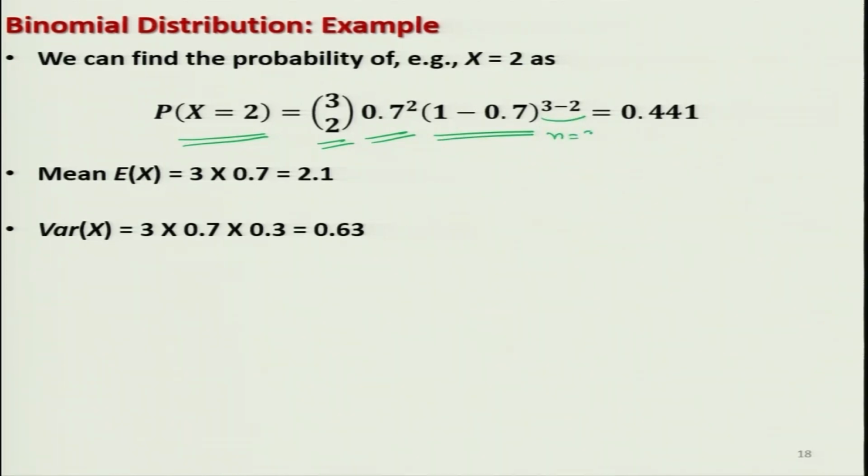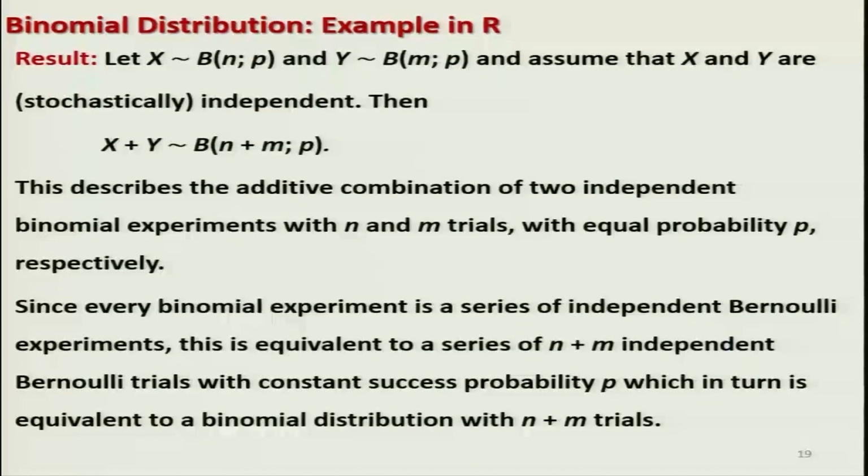So n here is 3 and x here is 2, and this can be computed as 0.441, and the mean is going to be 3 into p, that is 3 into 0.7, 2.1, and the variance is going to be 3 into 0.7 into 0.3, which is 0.63. Well, I have taken this example and I have computed it here mathematically to convince you how these values are obtained, and I will try to do the same thing in the R console also, right.